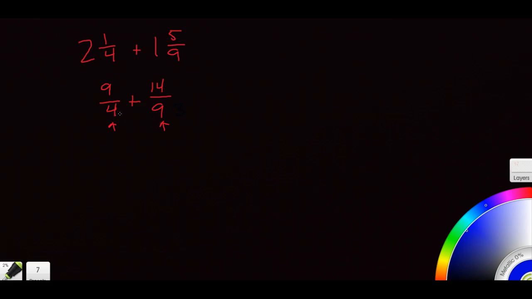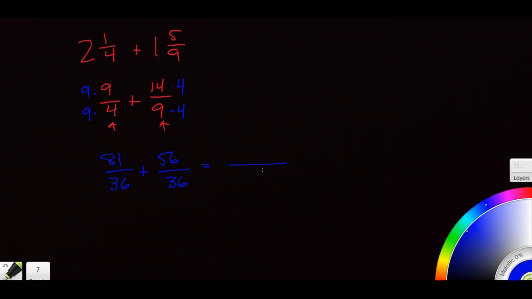A multiple that 4 and 9 have in common is 36. 9 times 4 is 36. What I do to the denominator, I have to do to the numerator. 4 times 9 is 36. So I'm going to multiply top and bottom by 9. Now I do my multiplication. 81 over 36 plus 4 times 14 is 56 over 36.